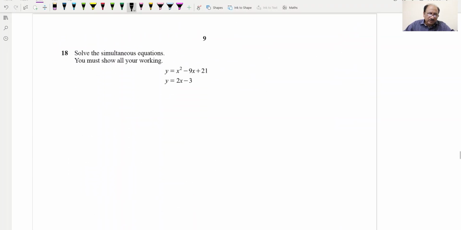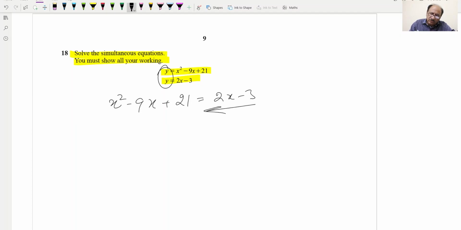So question number 18, simultaneous equations. Solve the simultaneous equations. You must show all your working, and we know these two sides are y. We can compare them and we can solve them. So we can write x squared minus 9x plus 21, and basically we are equating them, so we can shift this to the other side.